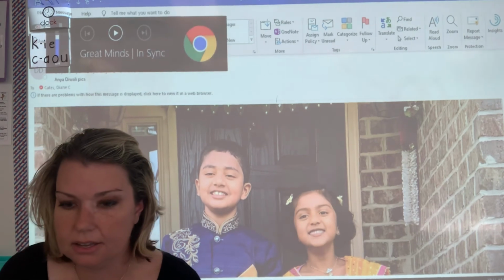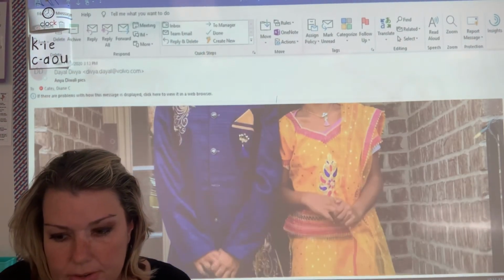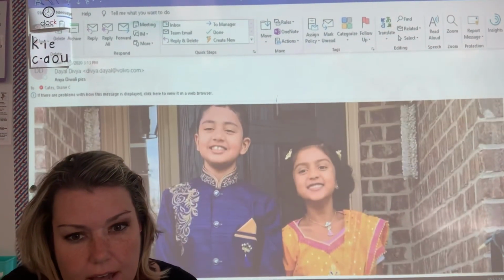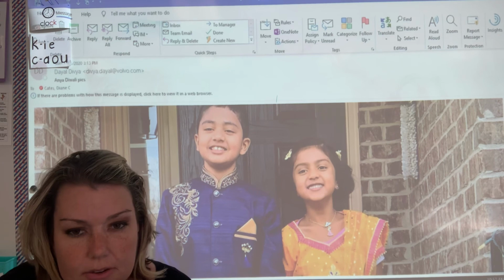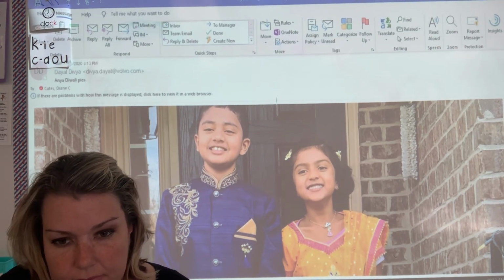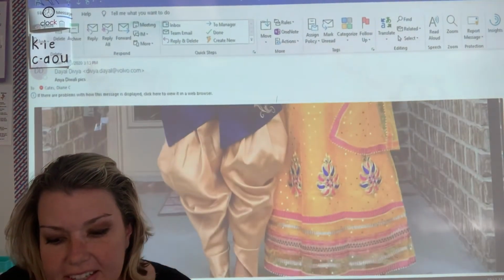Here is Anya and her brother, and look at their beautiful... Anya, I know your outfit's called a sari. What do you call your brother's outfit? I don't know. You don't know? It's beautiful.